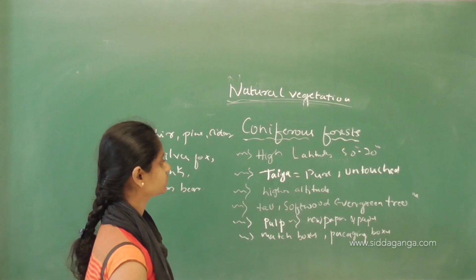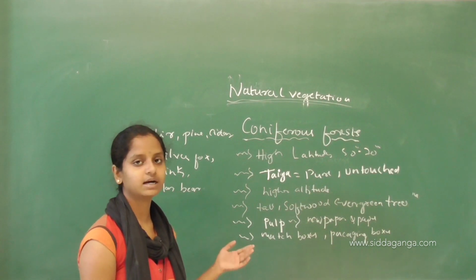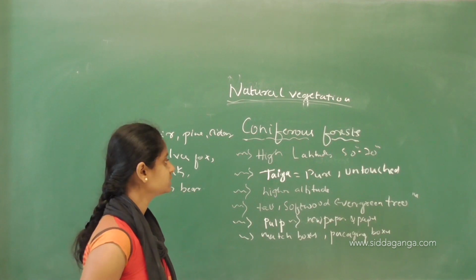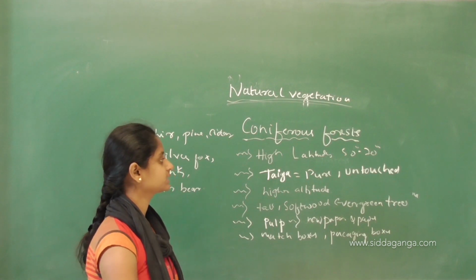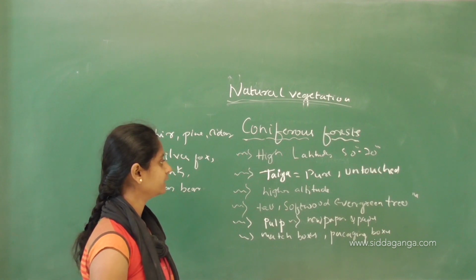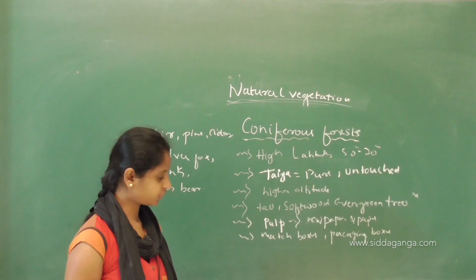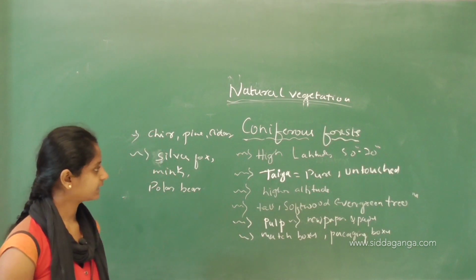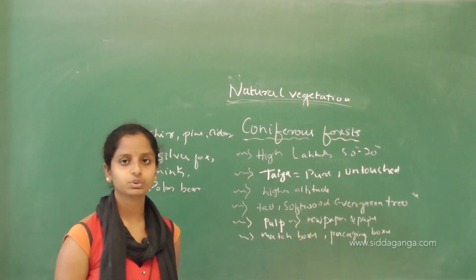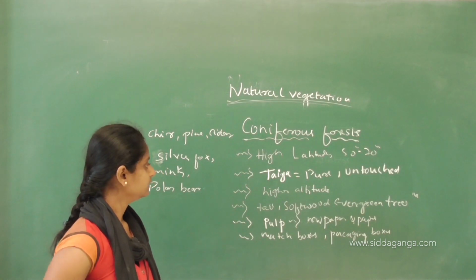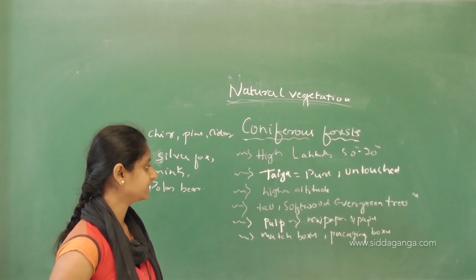It can be seen at the higher latitudes, that is 50 to 70 degrees, and it is also called taiga, that is pure and untouched in the Russian language. These can be seen in the higher altitude.